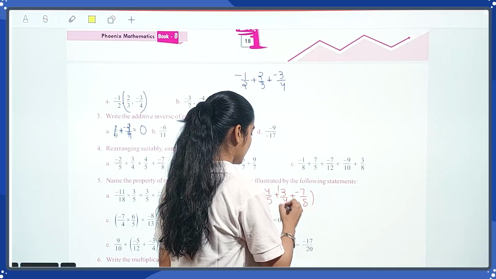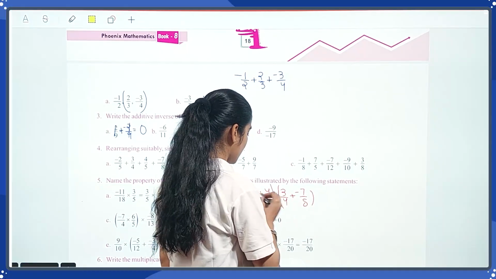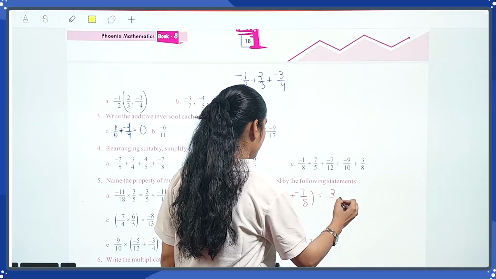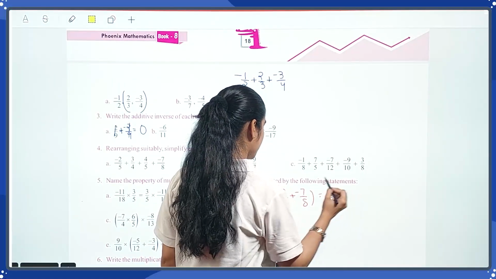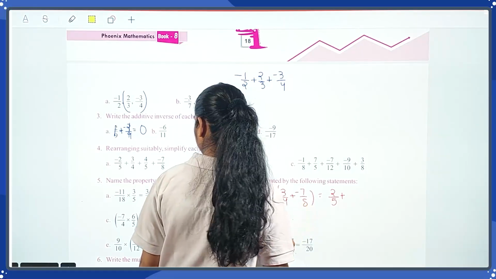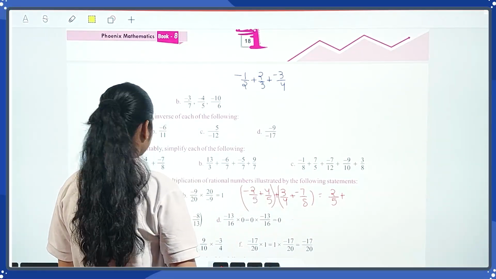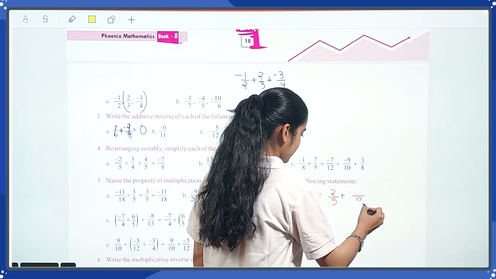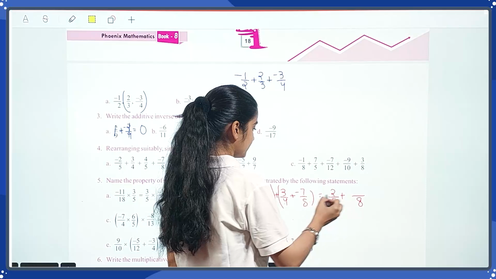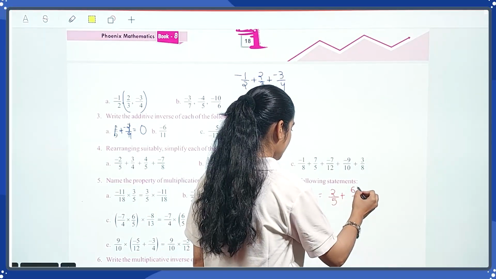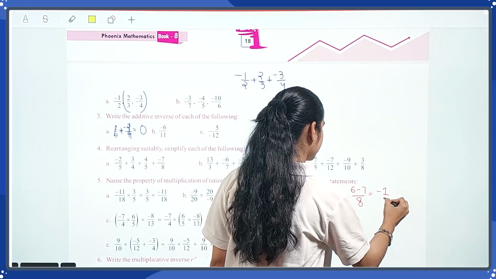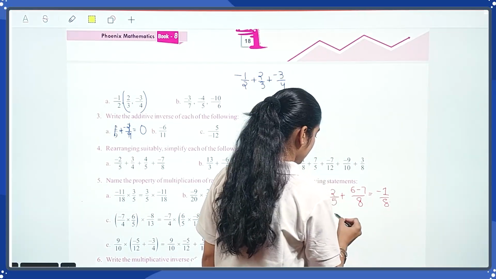So first we simplify this and then we simplify this. Minus 2 plus 4, 2 by 5, plus the LCM of 4 and 8 is 8. Then 6 minus 7, result will be minus 1 by 8.